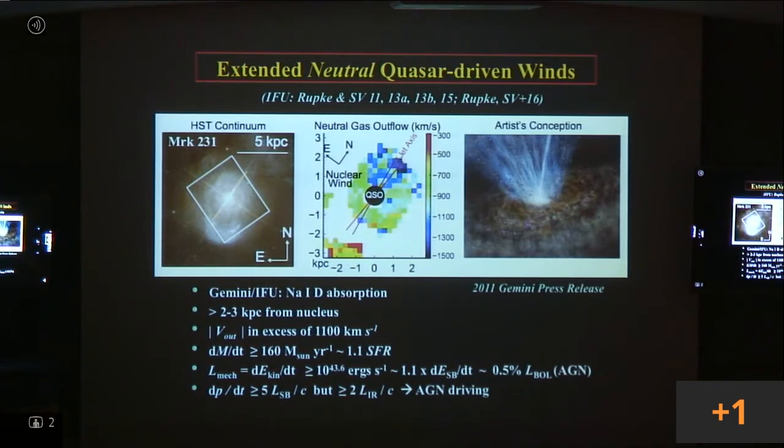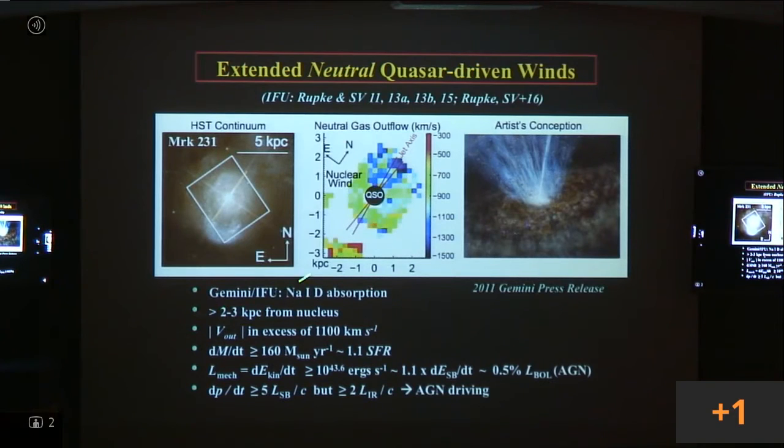And notice the scale, everything is blue shifted. The red is at a blue shift of minus 300 kilometers per second, all the way to minus 1,300 kilometers per second. So everything we saw in the sodium is blue shifted in our direction. It's quite symmetric with respect to the QSO, basically 4 pi as seen from our point of view.